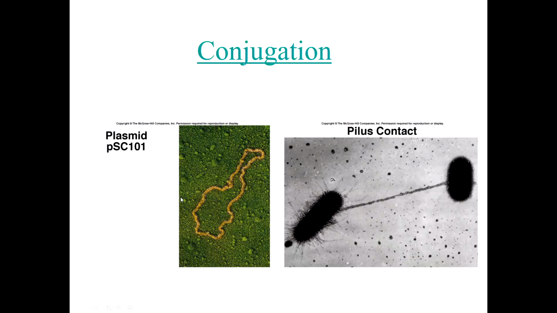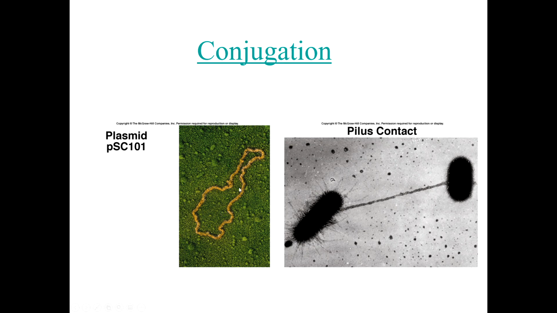Okay, so as you can see, there's several different ways that we can get DNA from one cell into another, or more specifically, from one species to another. And so often we use bacteria, and as that clip pointed out, bacteria, in addition to their single circular DNA chromosome, may or may not have these loops of DNA called plasmids.